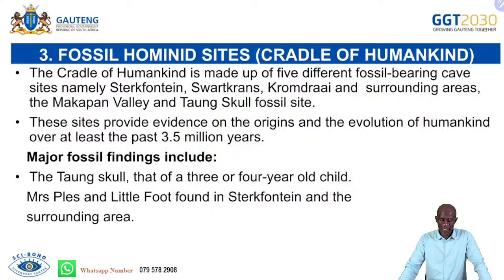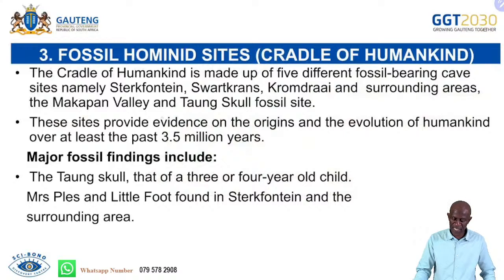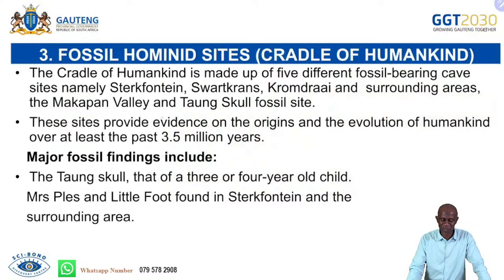So these are the 3 fossil-bearing caves that the fossil hominid site of South Africa brags about. The surrounding area here refers to the Makapan Valley as well as the Taung Skull fossil site found in Limpopo and Northwest respectively. Makapan Valley in Limpopo as well as Taung Skull fossil site, which is located in the Northwest.